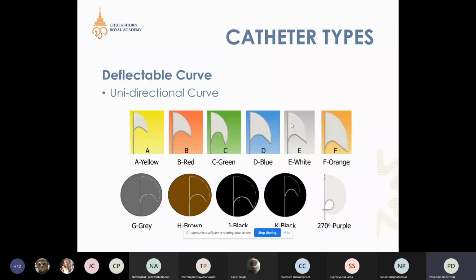When you go to the real EP lab, you may see curves that are not called A, B, C, D, E, or F. Sometimes they can be called small, medium, or large curve for another company, not the Biosense Webster.